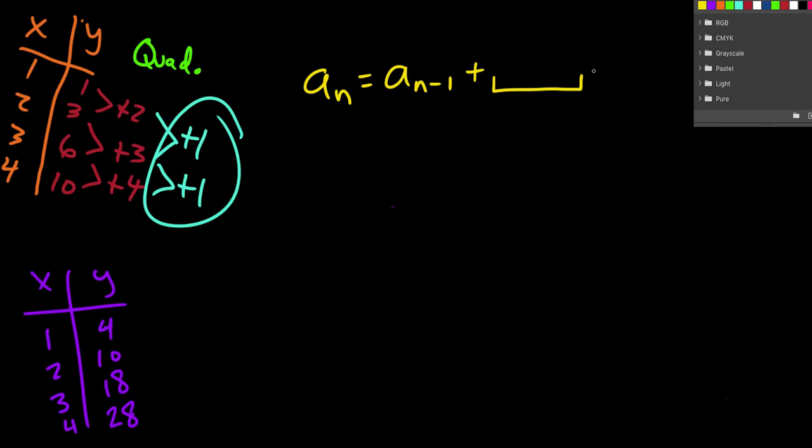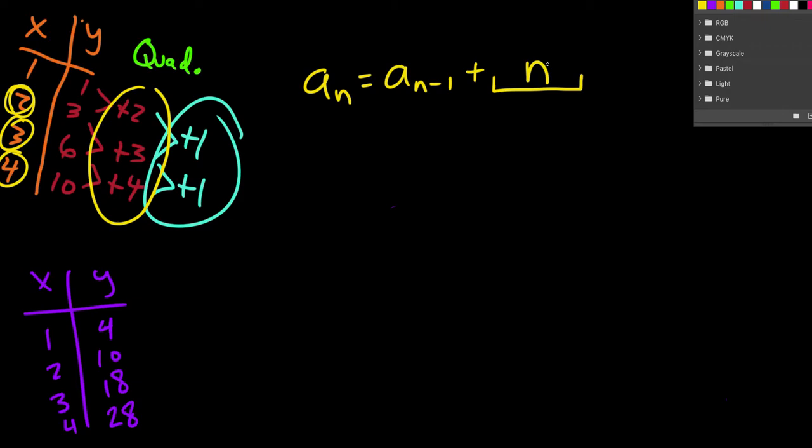And the way to know what to use there, we're just going to take this column, so the first difference, which was changing, so it was 2, then 3, then 4, and we're going to compare it starting at 2, 3, and 4. So you always compare it to the second step, not just because it's a 2 here, but you start at the second step, the third step, the fourth step, and you want to see how these numbers compare to these numbers. Well, they're exactly the same, and so the thing that goes right here is just n.